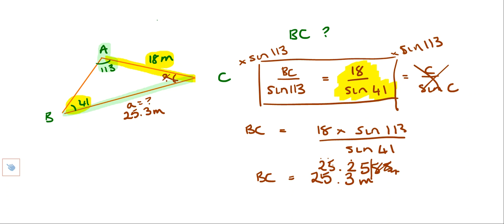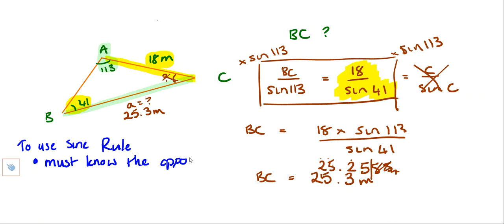So we should probably write that down. Okay? So to use sine rule, rule number 1, you must know the opposite. Now, I say that because if you want to know the angle, you must know its opposite side. If you want to know the side, you must know its opposite angle, right?